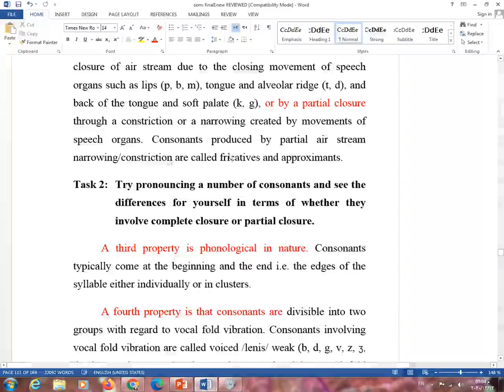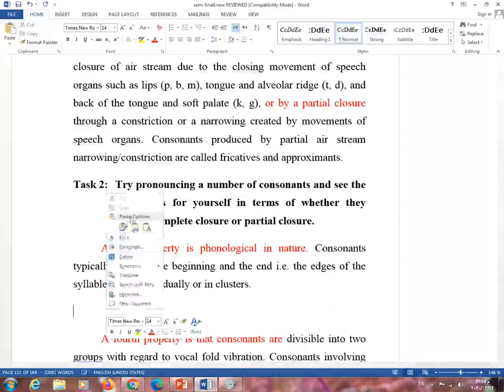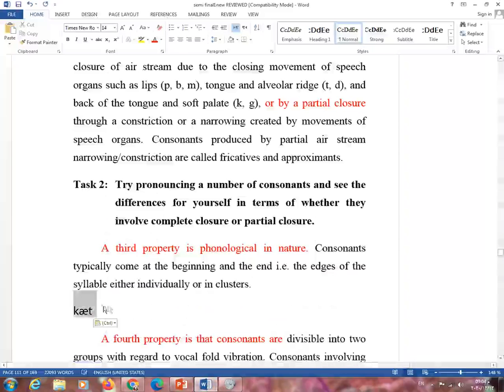We find that cat as a syllable starts with k and then a and then t.